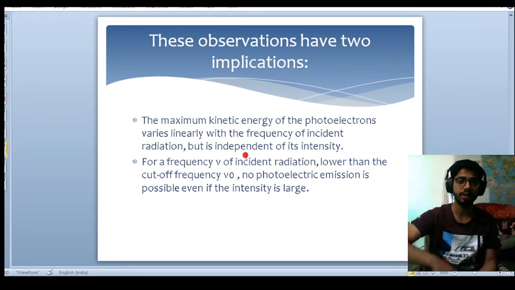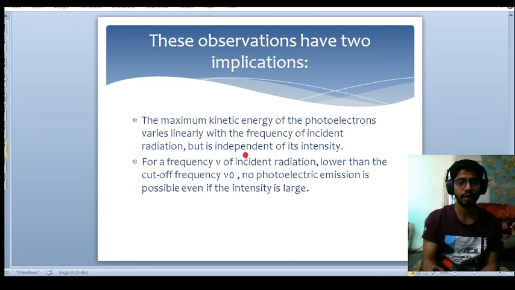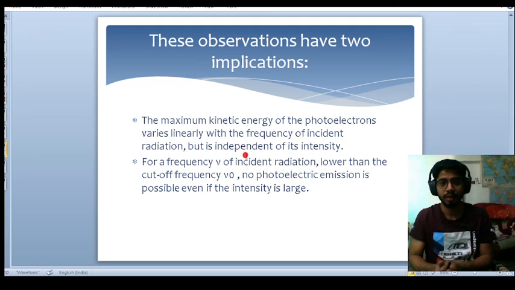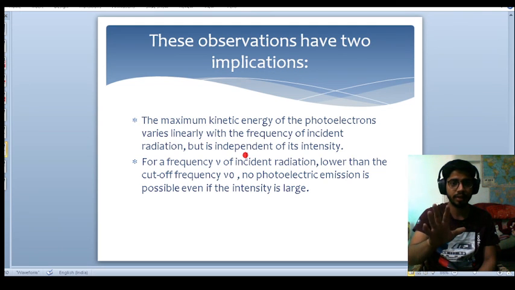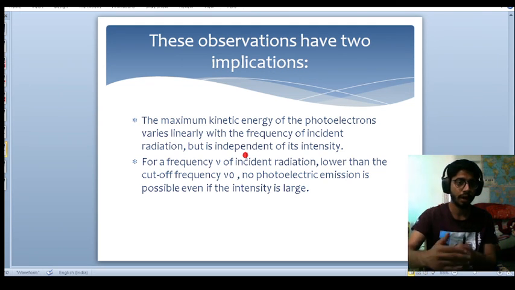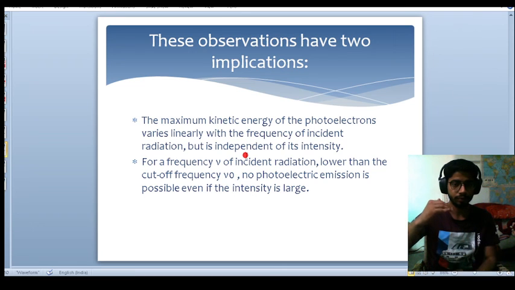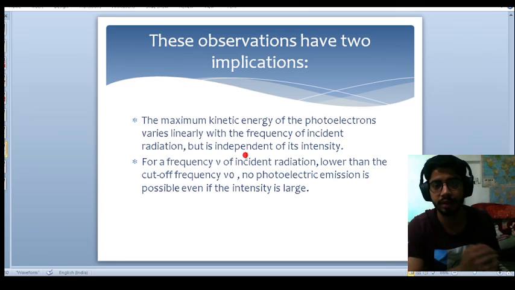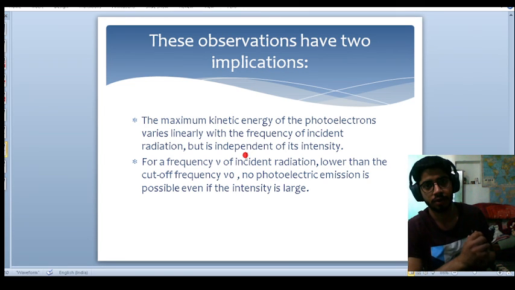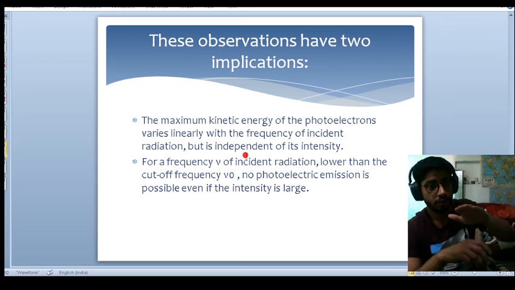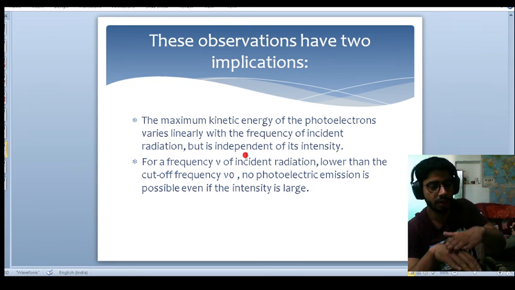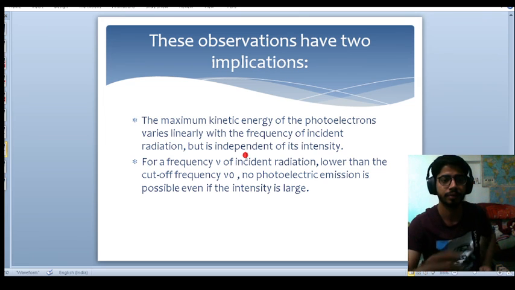If you are increasing the intensity, meaning the number of photons on the metallic surface, they are not going to eject the electrons if you are providing a frequency less than the threshold frequency. So at least you have to provide the threshold frequency to eject the electrons from the metal surface.